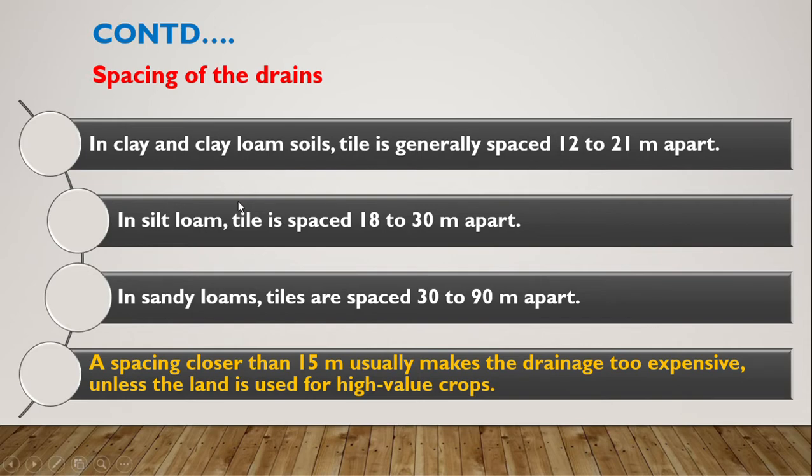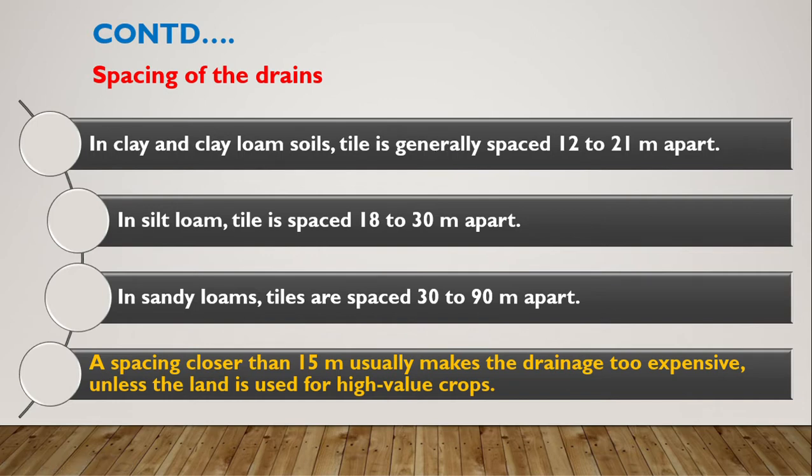In silt loam soil, the tile is spaced 18 to 30 meter apart. It is also a similar kind of soil as that of clay. In sandy loam soils, tiles have to be spaced 30 to 90 meter apart. So in this case, in clay soil, the water holding capacity is higher.